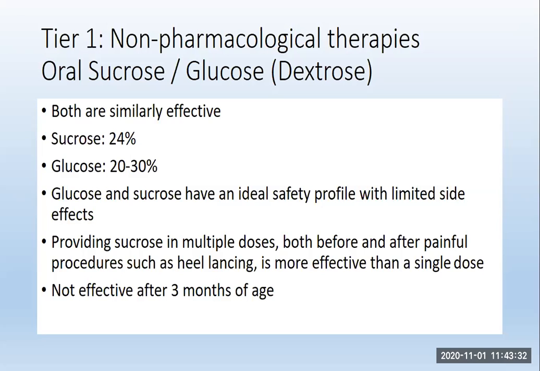For a more preterm newborn, you can use a smaller amount, maybe 20%. For a more term newborn, we can use a greater amount, that is 30%. Remember, glucose and sucrose have an ideal safety profile and limited side effects. So we should not be hesitant using these when we consider them as a pain control measure.